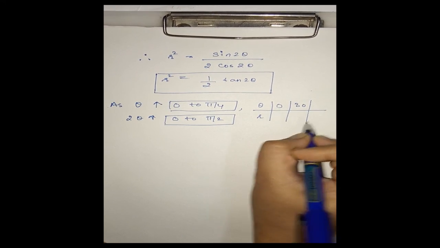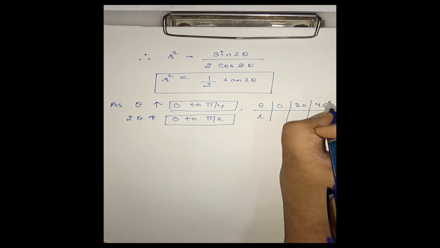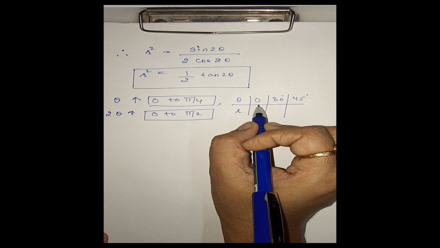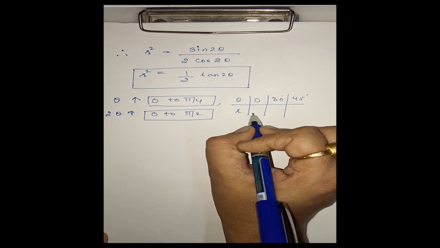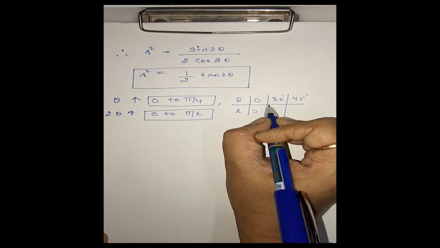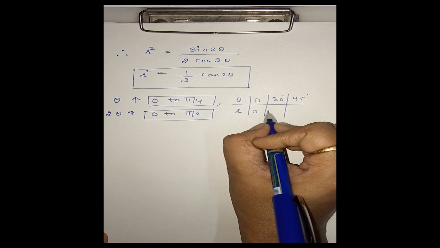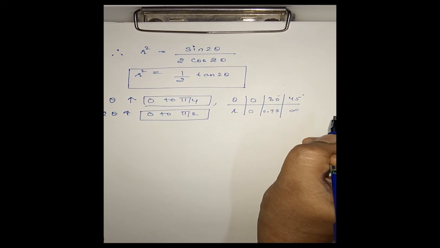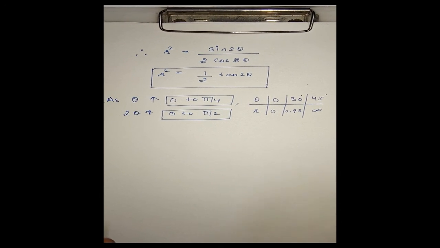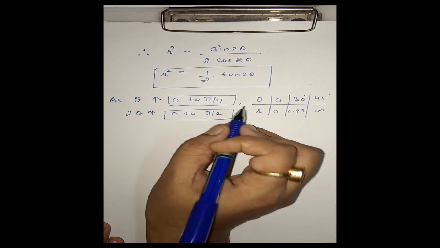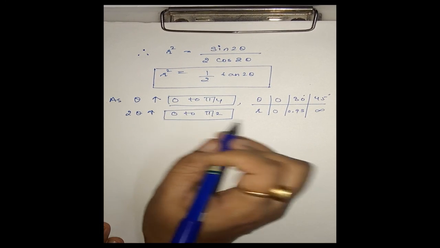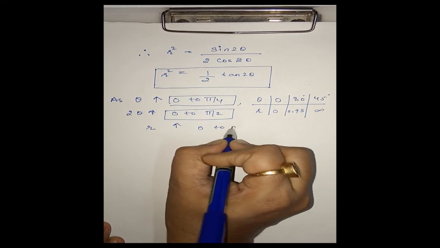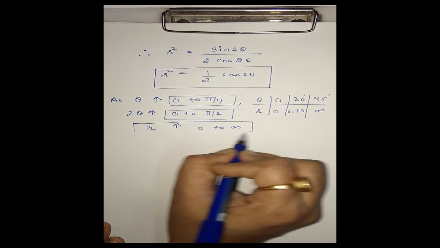When θ is 30, the r value will be 0.93. And at 45, this will be infinity. That means as θ increases from 0 to π/4, 2θ increases from 0 to π/2 and r increases from 0 to infinity.